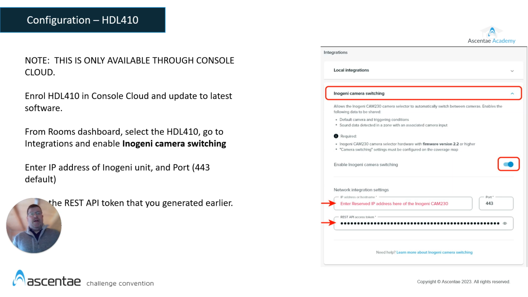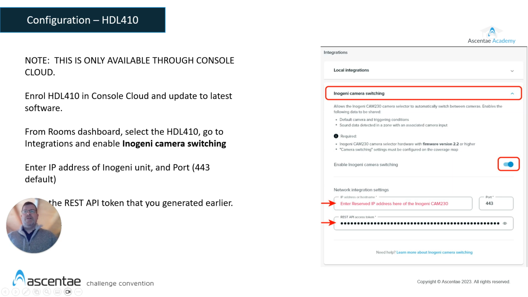Now, once we've done that initial setup on the Inagini, we move across to the Nureva console cloud application. And it's important to note you can only do this through console cloud. You cannot do it on the client. So the first thing you need to do, if you haven't already done it, is enroll the HDL410 into console cloud and make sure everything's updated to the latest software. Go to the room's dashboard, select the HDL410, go to integrations and select Inagini camera switching.